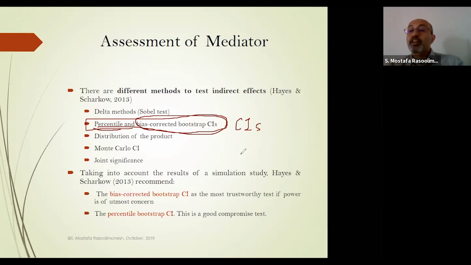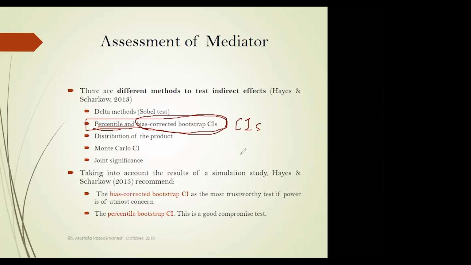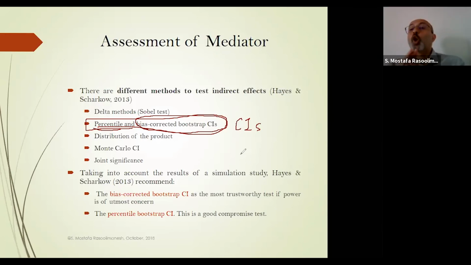So for assessment of a mediator, you don't need to assess the direct effect. You don't need to assess X to M. You don't need to assess M to Y. Again, you don't need to assess and you don't need to have a direct effect in your framework. You only have to assess the significance of AB.